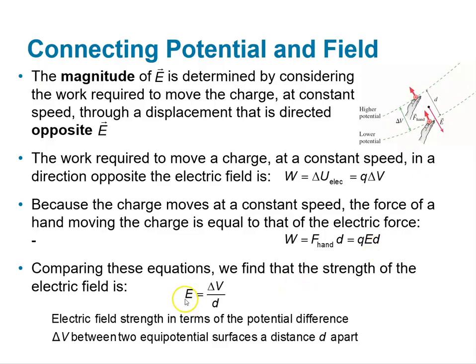We will find that the magnitude of the electric field is equal to the change in potential divided by distance. That is the electric field strength in terms of potential differences between two equipotential surfaces that are at a certain distance apart.